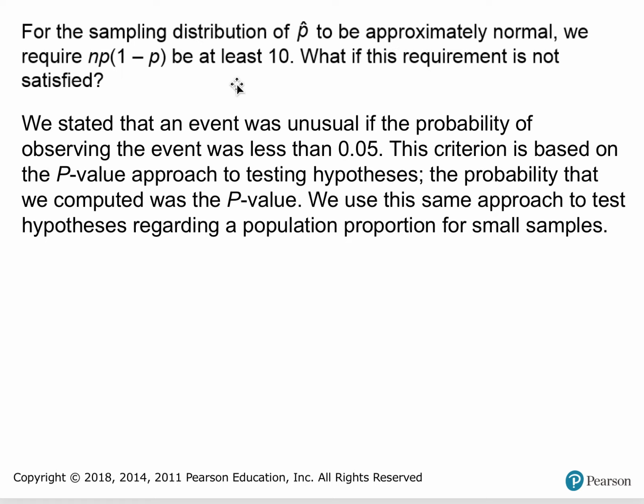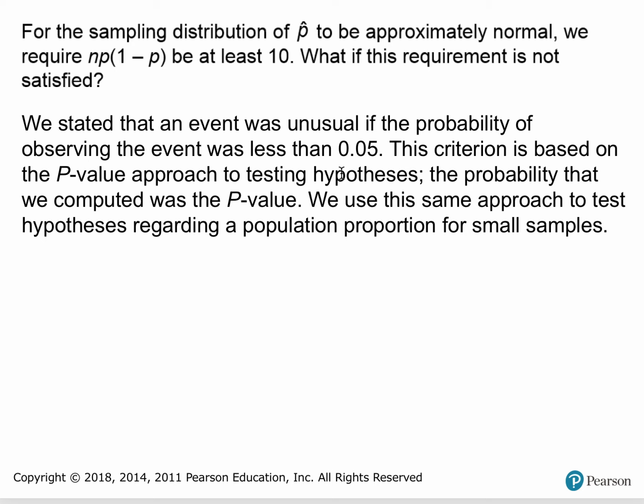Okay, for the sampling distribution of p hat to be approximately normal, we require this to be at least 10. What if this requirement is not satisfied? Remember we looked at this before, but what about for hypothesis testing? We stated that an event was unusual if the probability of observing the event was less than 5%.